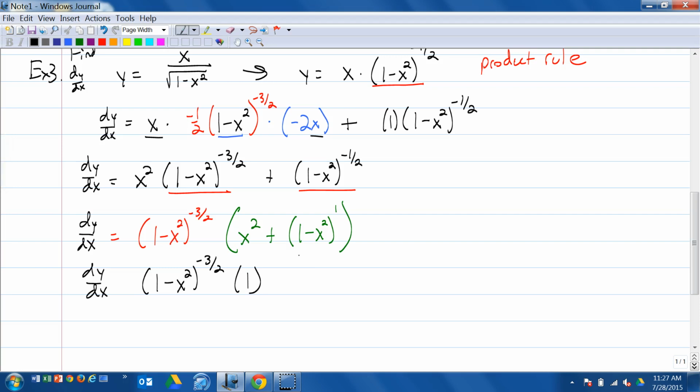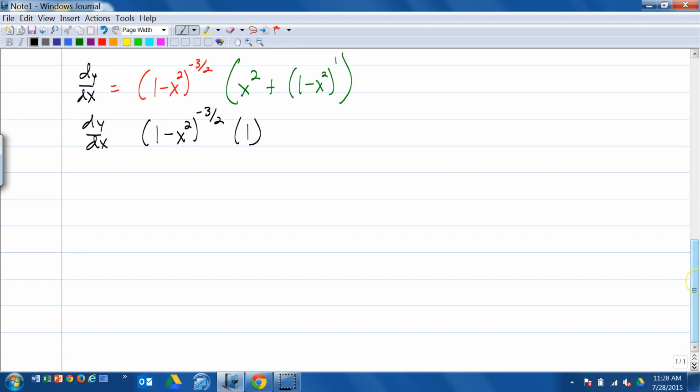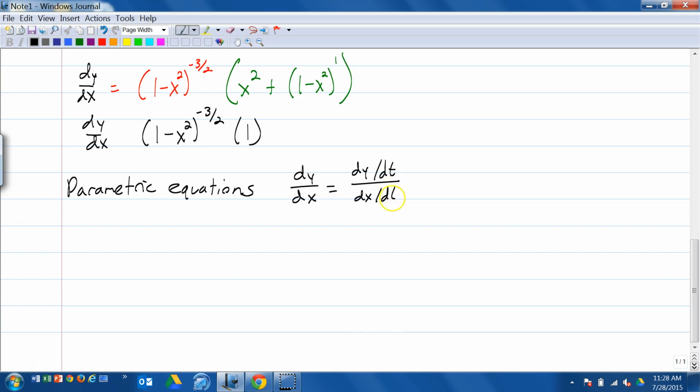Alright, we can do the same thing with parametric curves. Just so you guys know, I'm going to do this all in one lesson. So for parametric curves or equations, using chain rule, we can come up with the equation that the change in y with respect to x is equal to the change in y with respect to t over the change in x with respect to t.